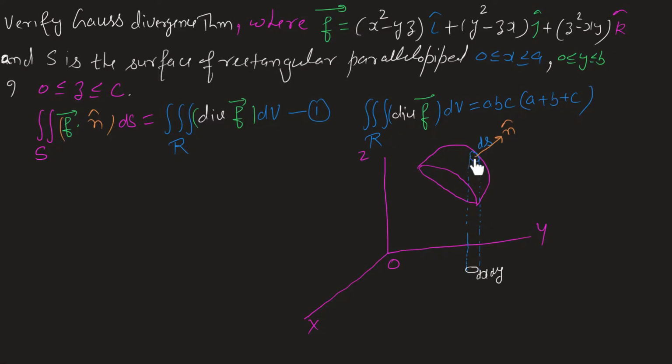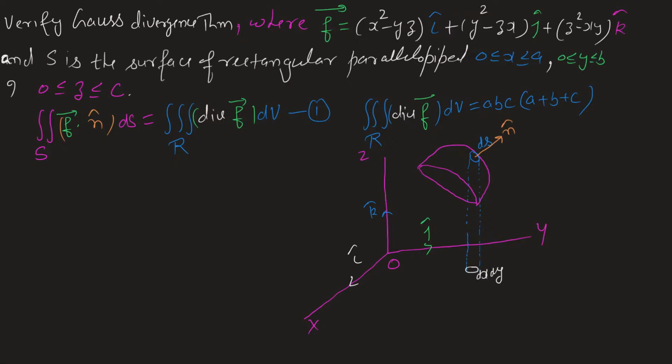So the normal to this surface is this one, and the normal to the xy plane is the z axis. Say k cap is the unit normal along the z axis, j cap is the unit normal along the y axis, and i cap along the x axis.